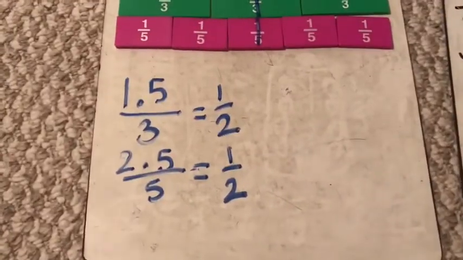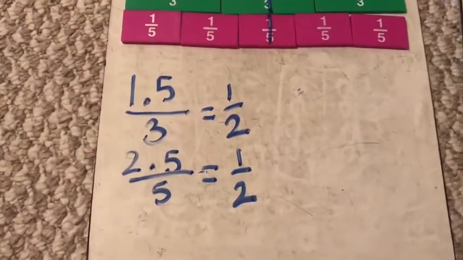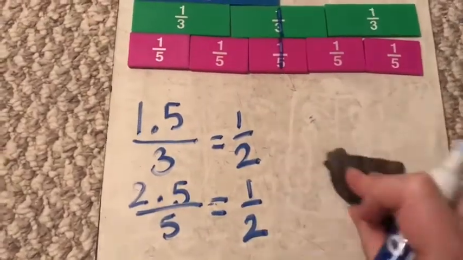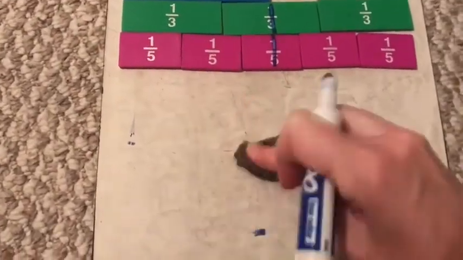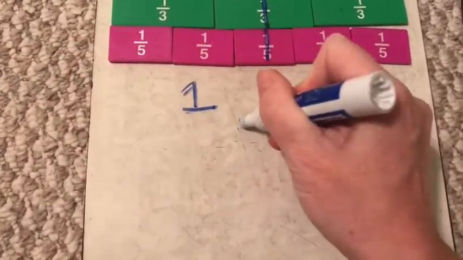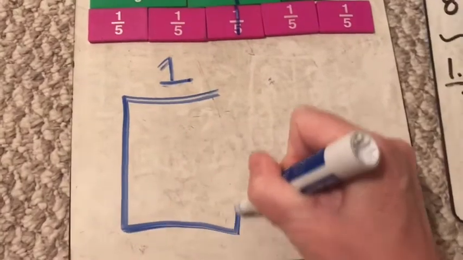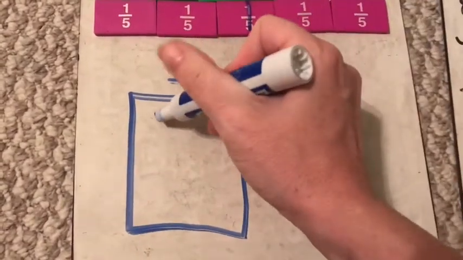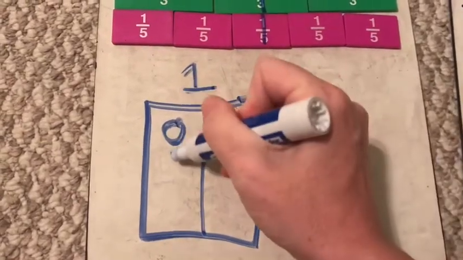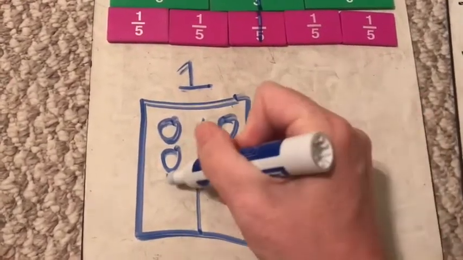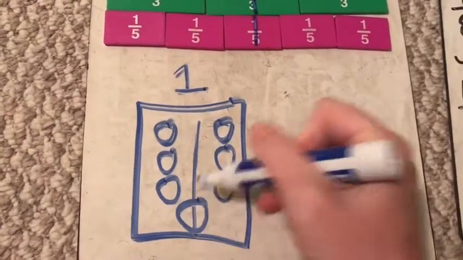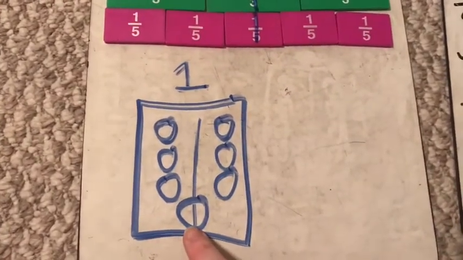Another way you can show this is kind of using a set model. So we already did thirds, we did fifths. We know 6 are easy. What about sevenths? What if I made a set, 1 whole set of 7? I'm gonna call this 1 whole set of 7 things. 1, 2, I'm doing it in 2 groups. 3, 4, 5, 6, 7 things in the set. I would have to split that last one, right?